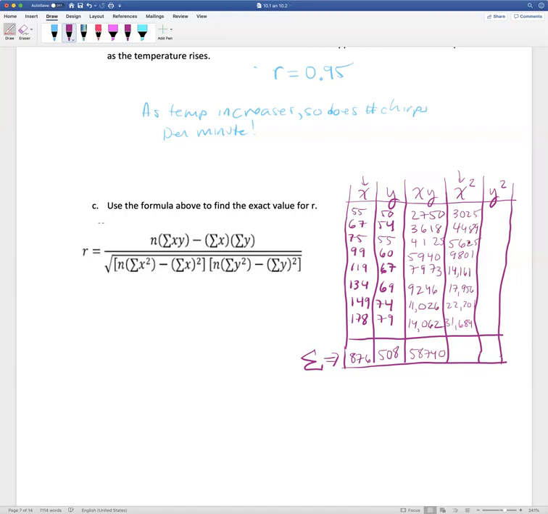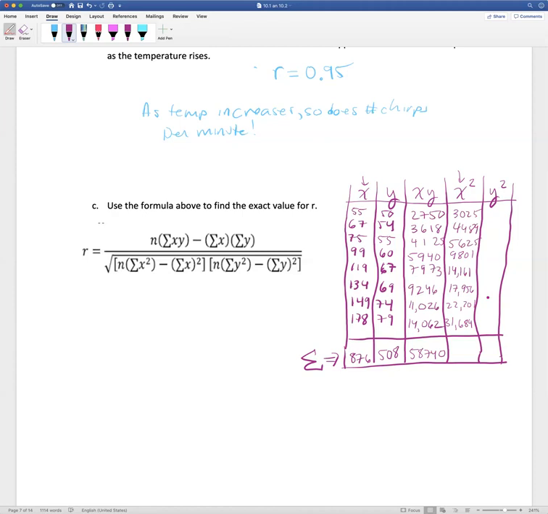Okay, so again, I'm going to sum up this column and see what we get here. So 31,684 plus 22,201 plus 17,956 plus 14,161 plus 9,801 plus 5,625 plus 4,489 plus 3,025.